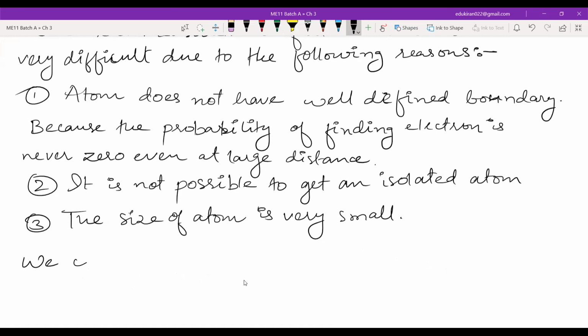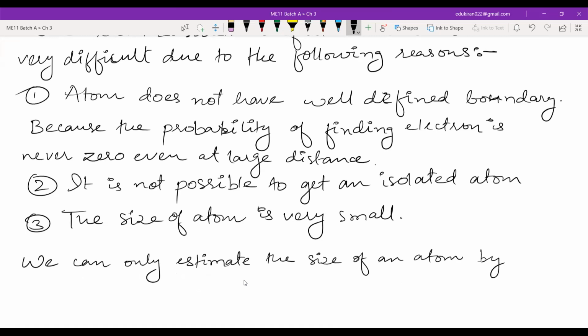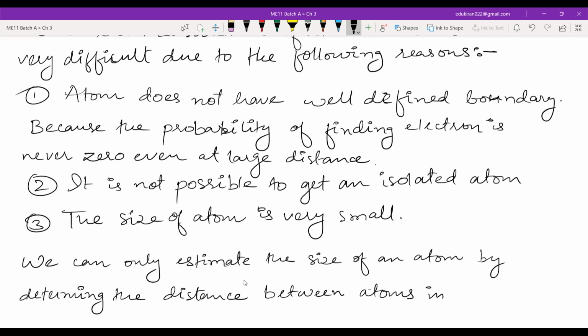So please write it. We can only estimate the size of an atom by determining the distance between atoms in combined state.